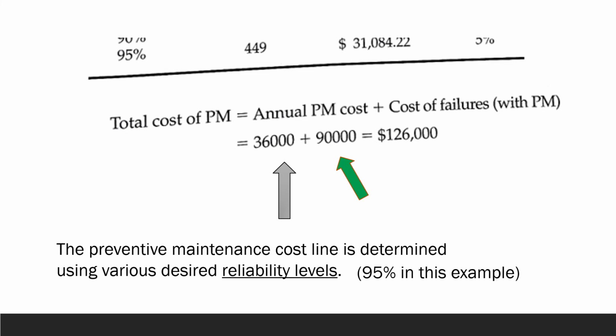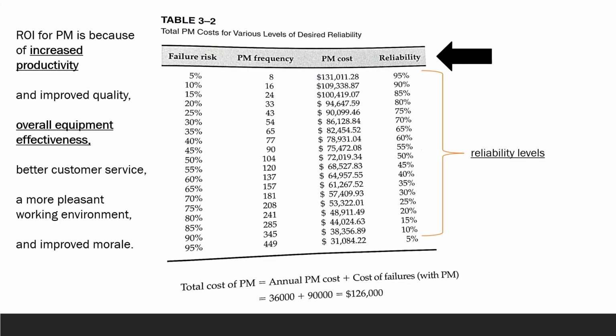So the preventive maintenance cost line is determined using various desired levels. This is an extreme case of 95%. The return on investment for PM comes from the increased productivity.